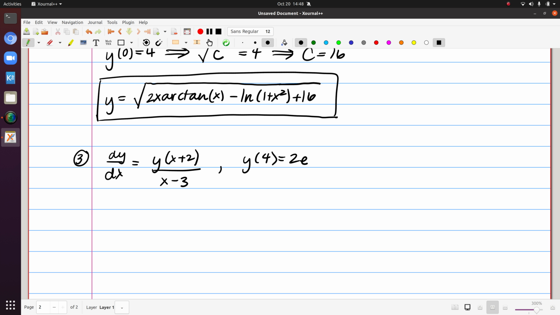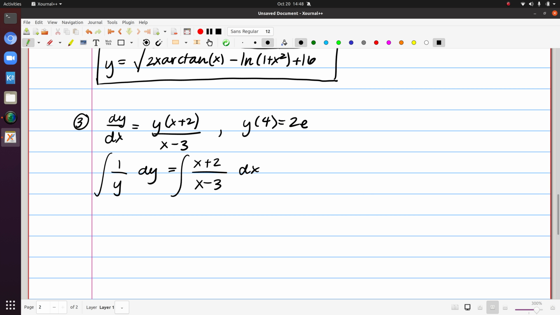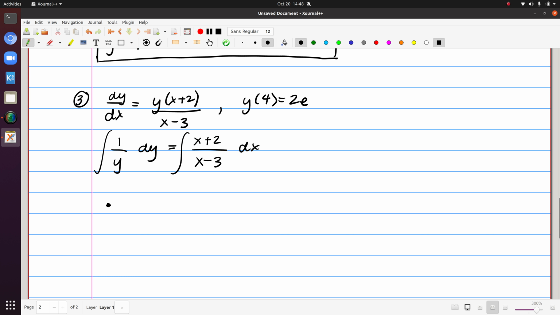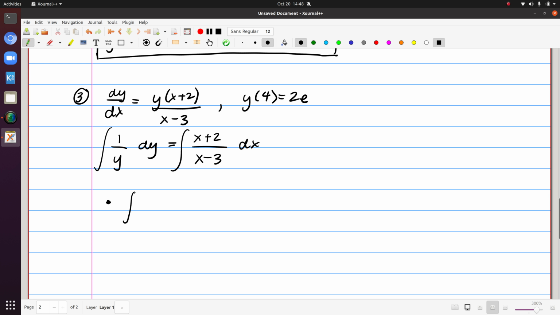We can separate our variables, and that's going to leave us with 1 over y dy equals the not integral yet, but x plus 2 over x minus 3 dx. And now we could integrate both sides. Just like the last one, I would say the harder integral here is the x plus 2 over x minus 3. So I would pause and work on that one.